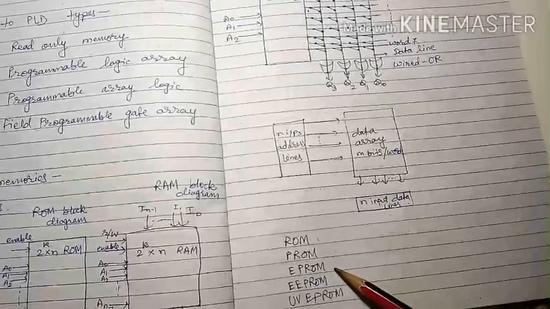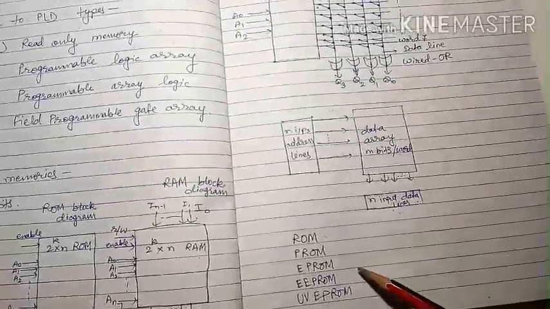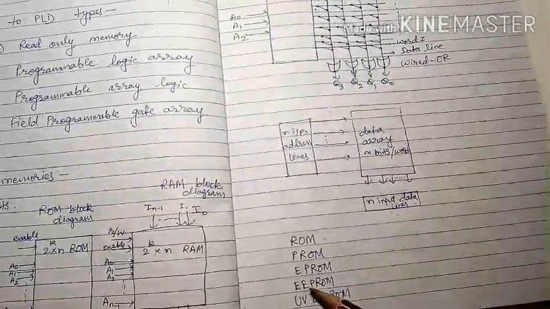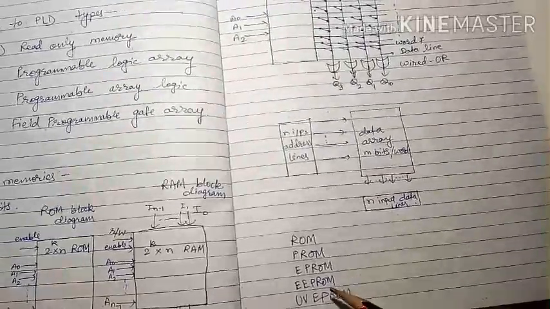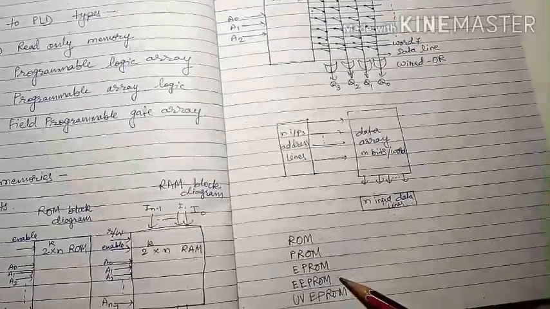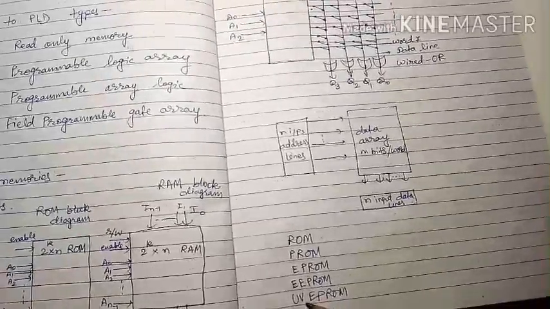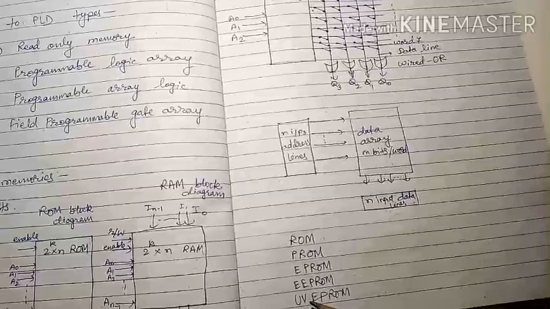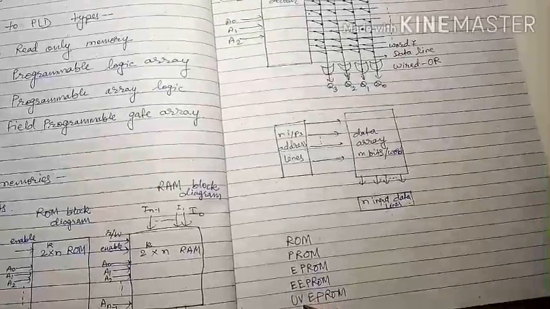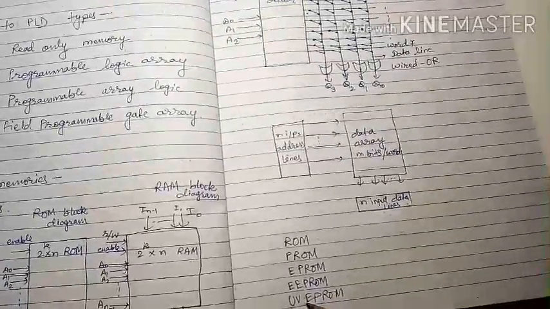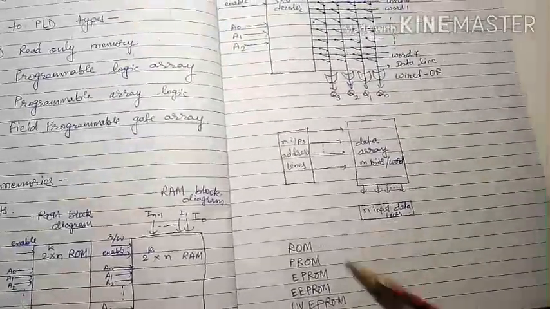The data stored already can be erased and reprogrammed. EEPROM or E-square PROM means electrically erasable programmable read-only memory. The data can be erased electrically using a device and can be reprogrammed. Next type is UV EPROM. The data can be erased using ultraviolet rays. Ultraviolet erasable programmable read only memory. So these were different types of ROM.